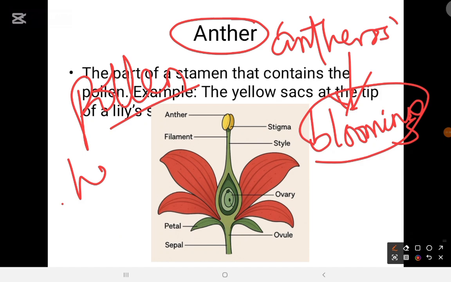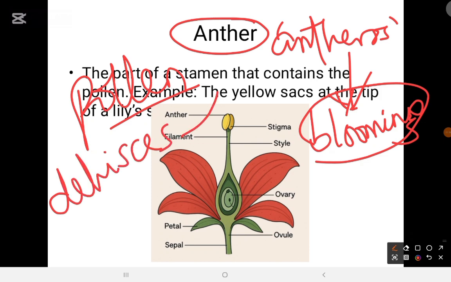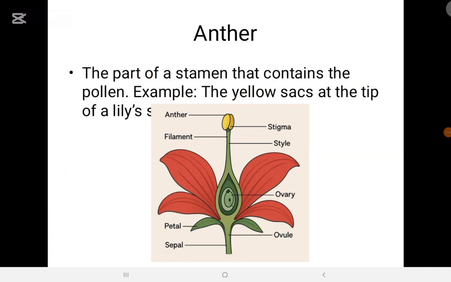To dehisce is a Greek word that means to burst open or break open. So it dehisces to release the pollen. By the time it dehisces, the pollen gets out of it and goes to the stigma, according to the definition of pollination. So you can see here, this yellow guy here is going to be the anther of this flower.